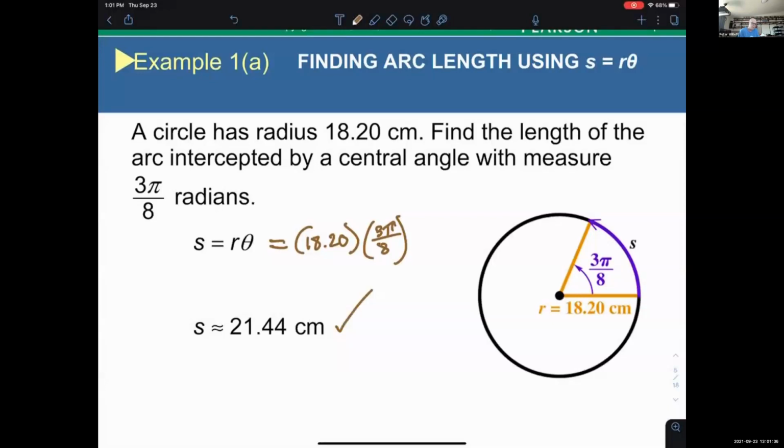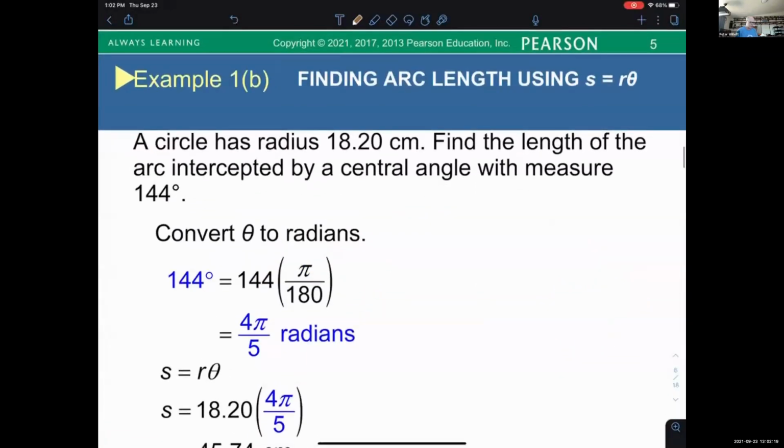And you may recall from some of our earlier discussions, when you're thinking about where to round this off, that the number they gave for the radius showed that it was measured to 4 significant digits. And so that's why they gave their answer with 4 significant digits as well.